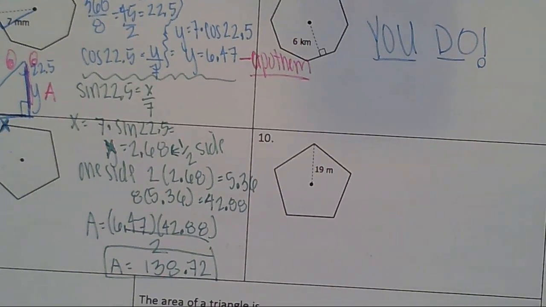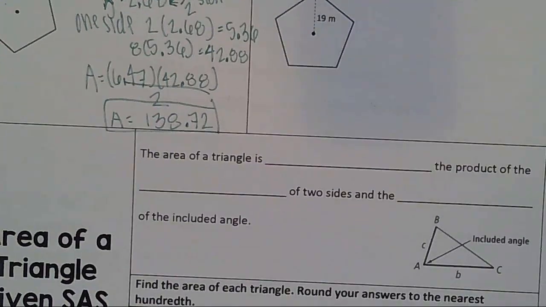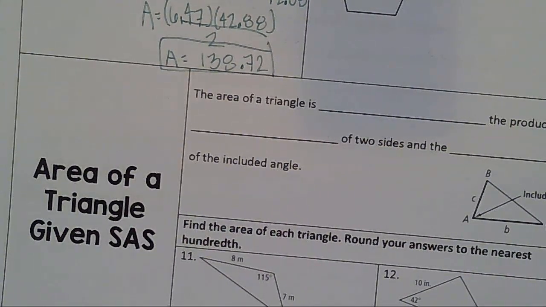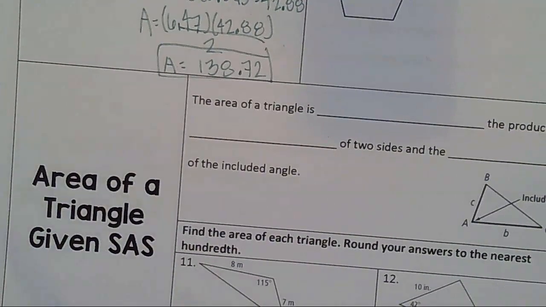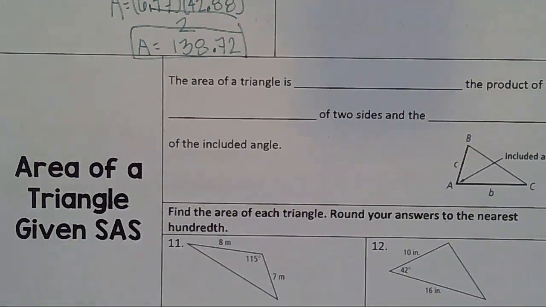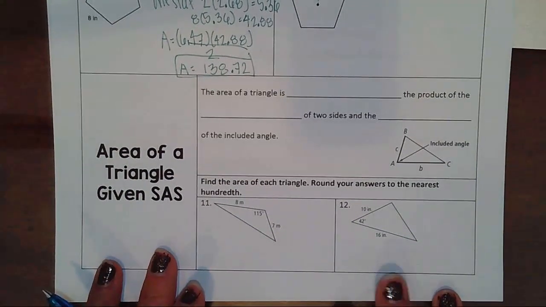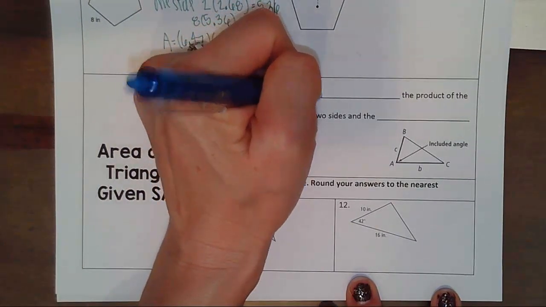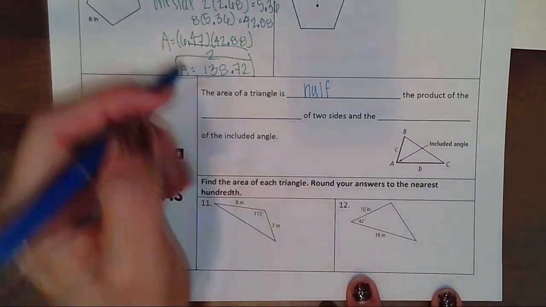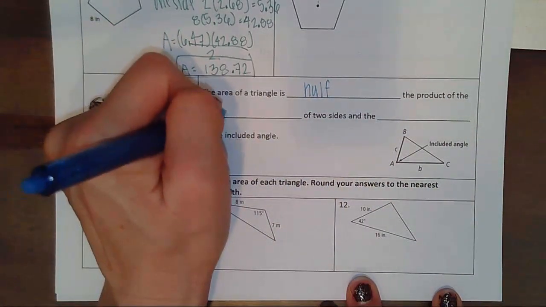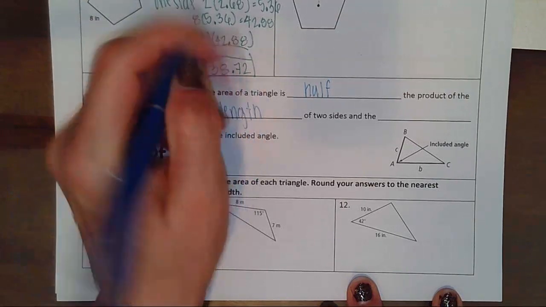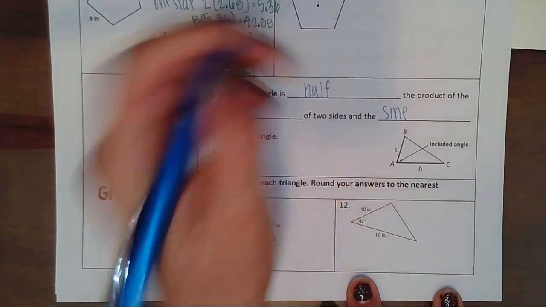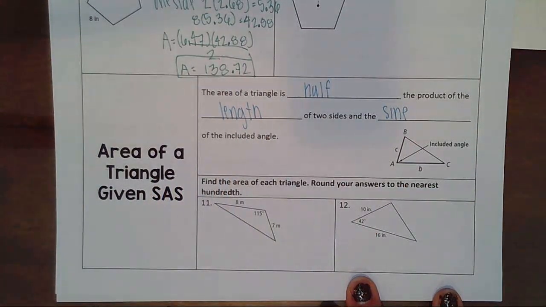Hopefully you get that. What we're going to do now is the area of a triangle. And it's pretty nice because you can find the area of any triangle using this formula. Let me see if I zoom out a little bit, if you can get a better picture. So the area of a triangle is half the product of the length of two sides and the sine of the included angle.